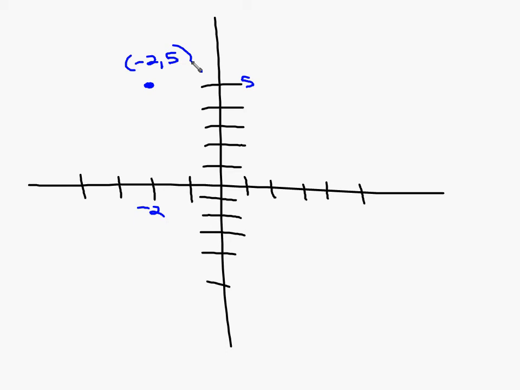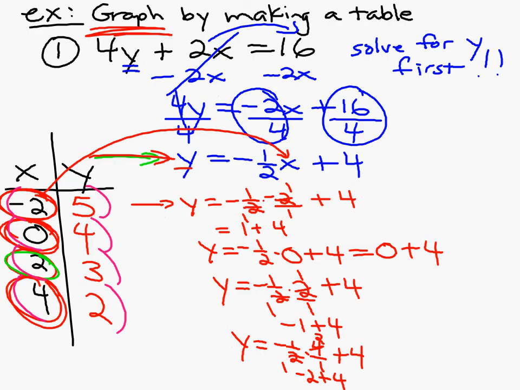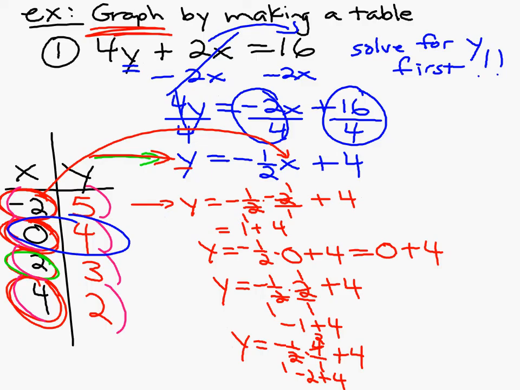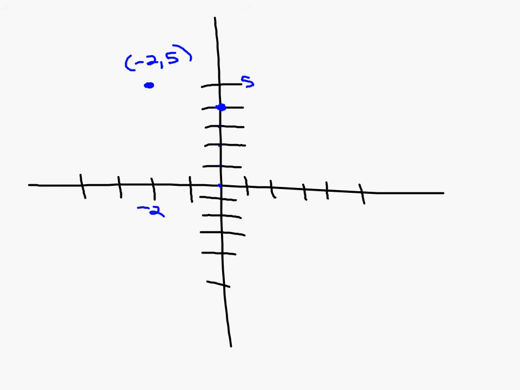What was my next point? 0, 4. So here's 0, up 1, 2, 3, 4. Then the next point was 2, 3. So I'm going to plot 2, 1, 2, 3. There's the point 2, 3.